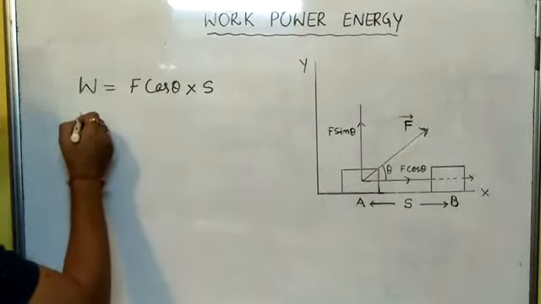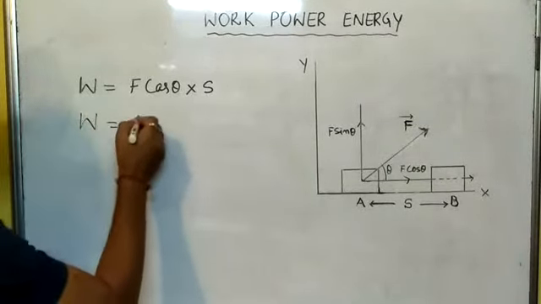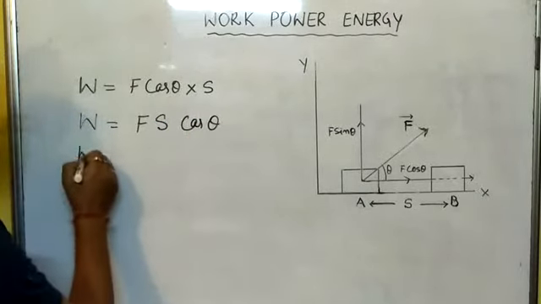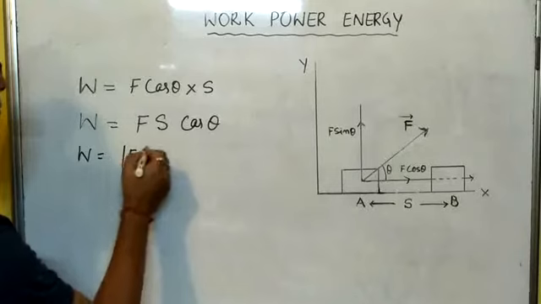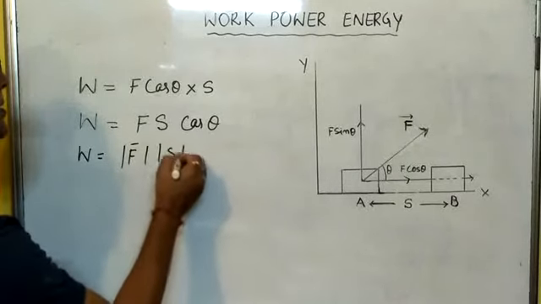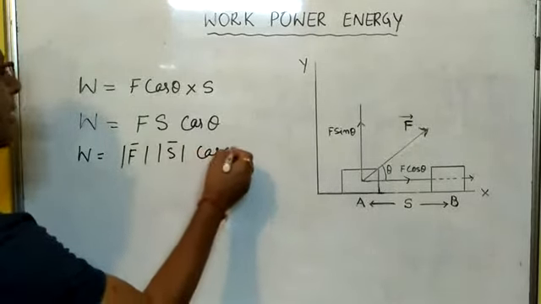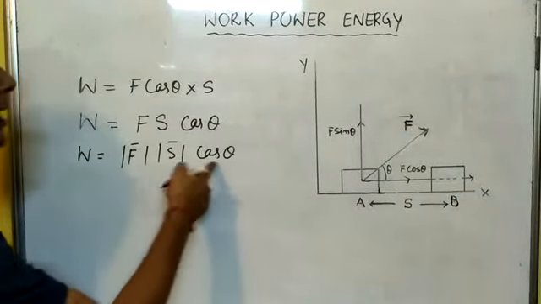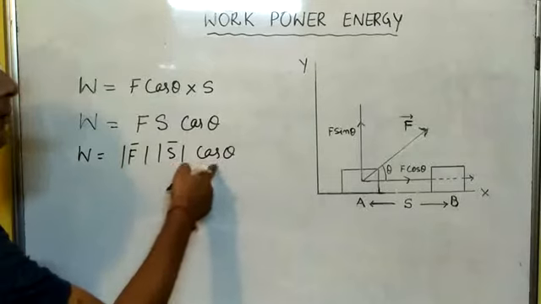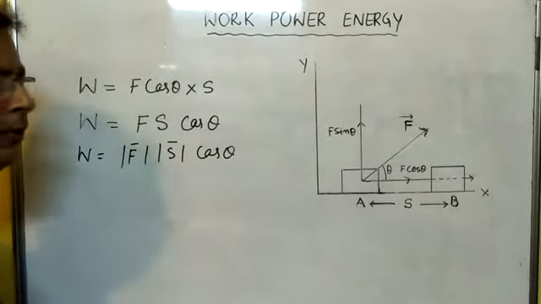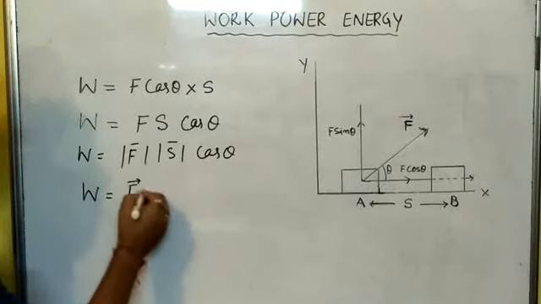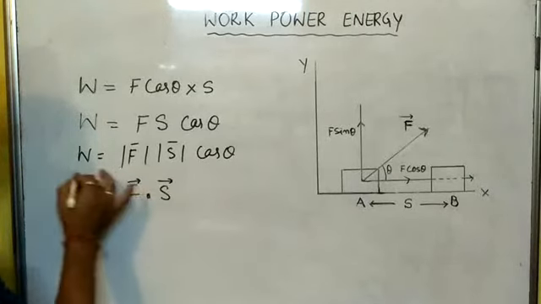Or we can write W is equal to F S cos theta, or W is equal to mod F into mod S into cos theta. This is the magnitude, and this is the cosine of the angle between them. And just now I told you this is nothing but the dot product of force and displacement.